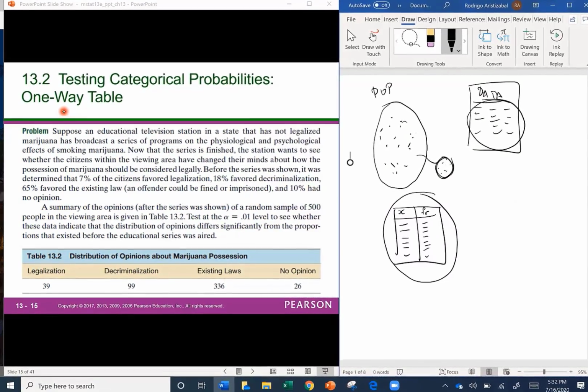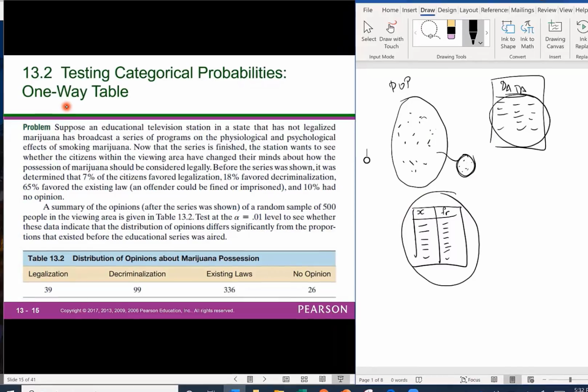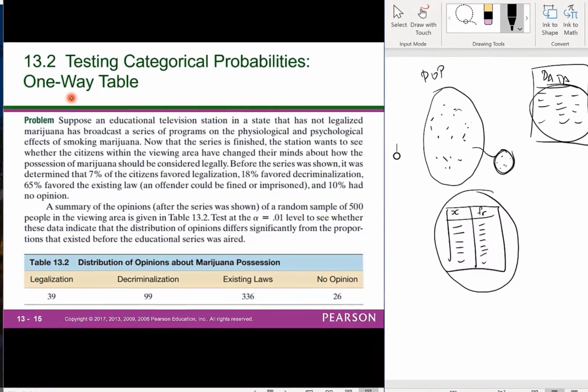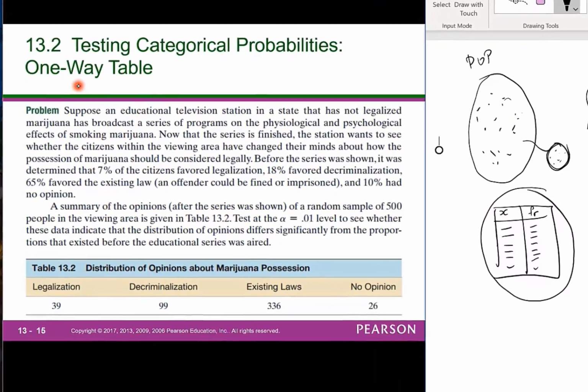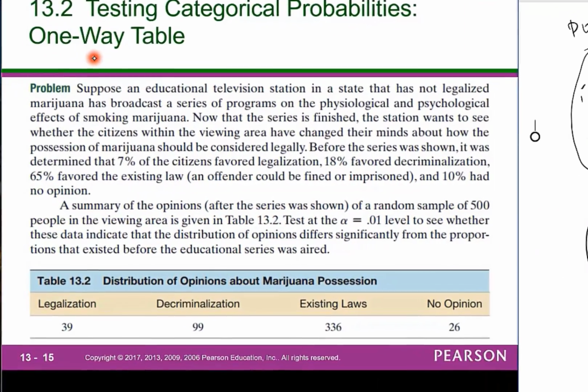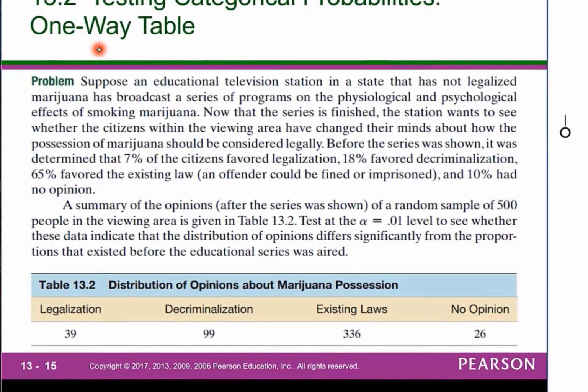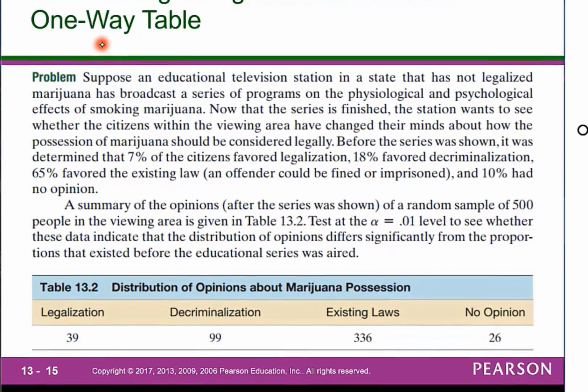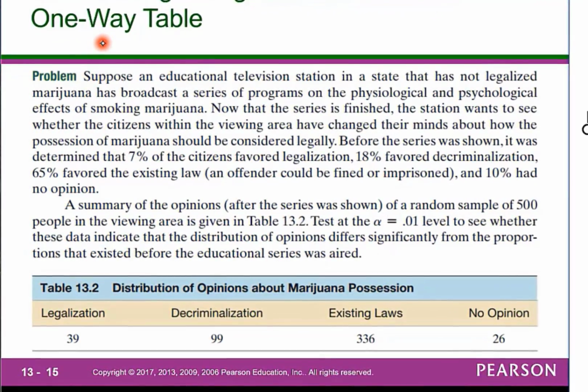Suppose an educational television station in a state that has not legalized marijuana has broadcast a series of programs on the psychological and physiological effects of smoking marijuana. Now that the series is finished, the station wants to see whether the citizens within the viewing area have changed their minds about how the possession of marijuana should be considered legally.